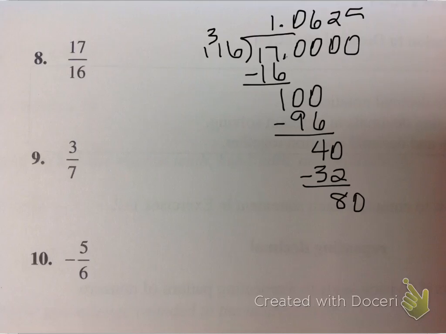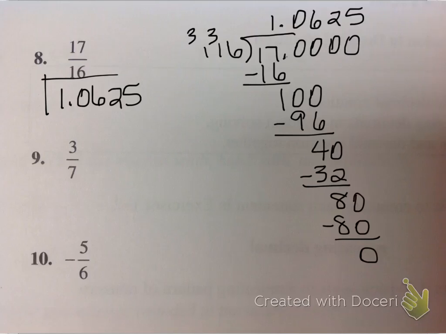And I believe this goes in evenly 5 times. I sure hope so. Yes, it does. So 17/16 is the same thing as 1.0625. So really, any fraction is just a mini division problem.